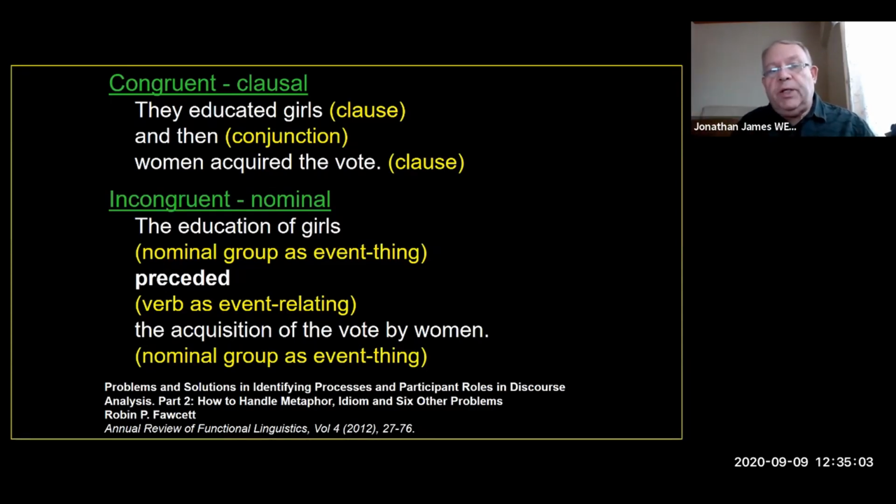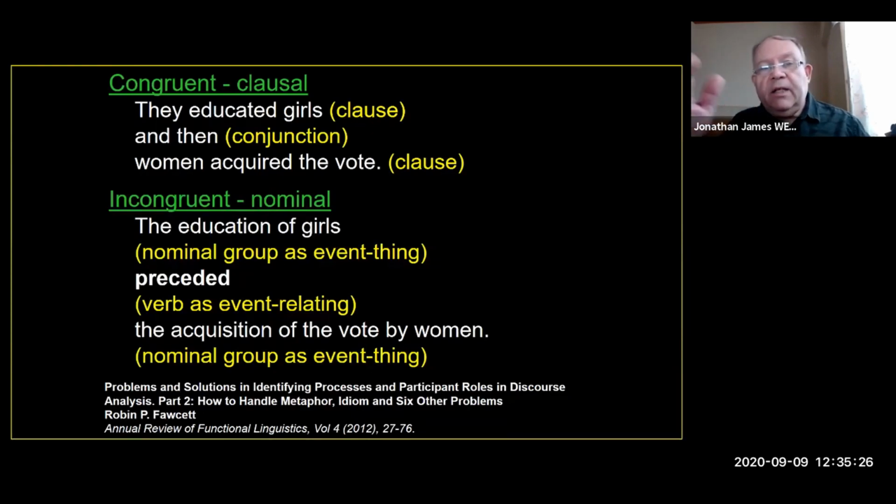The incongruent, Halliday calls it the metaphorical, leads to greater nominalization, turning the way of what we're describing into nouns. And so instead of saying they educated girls, we now have the education of girls.